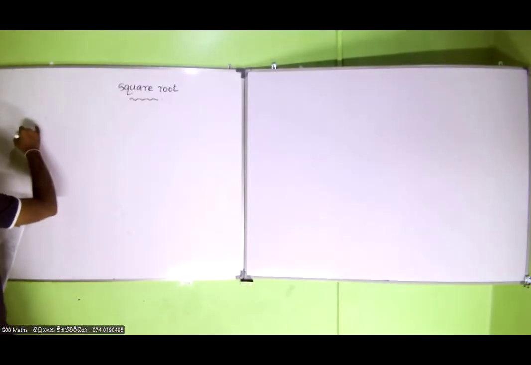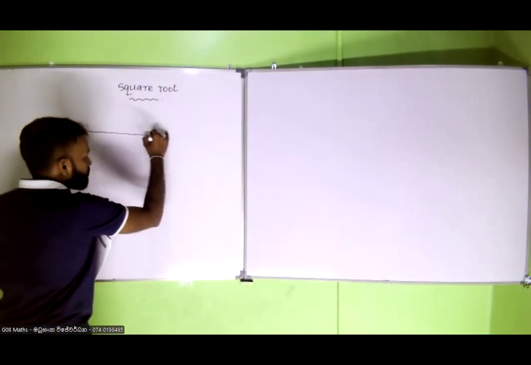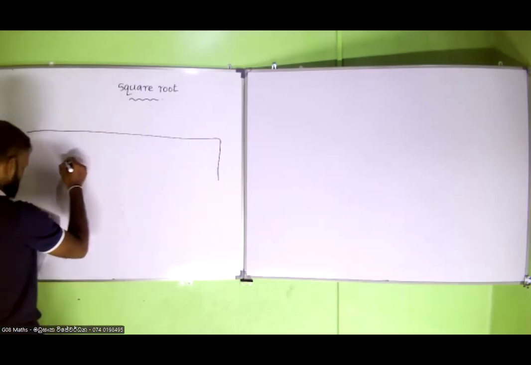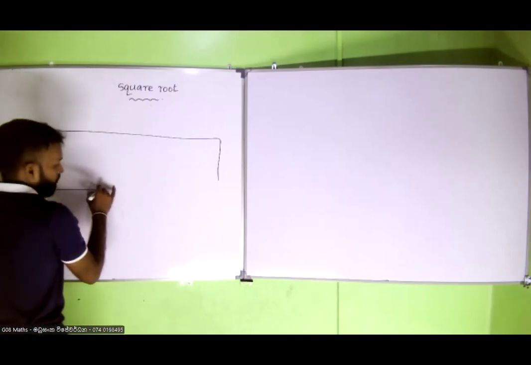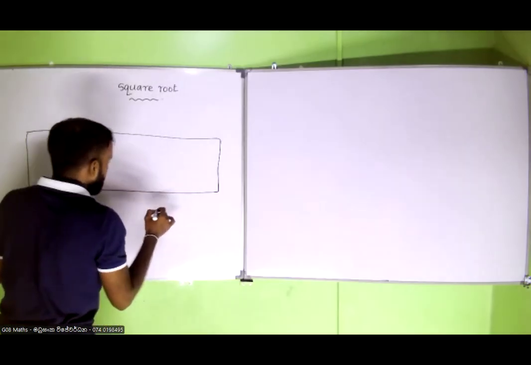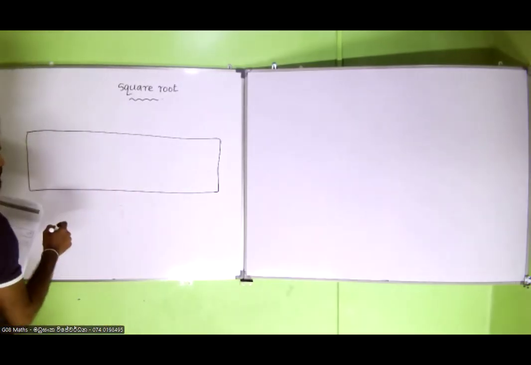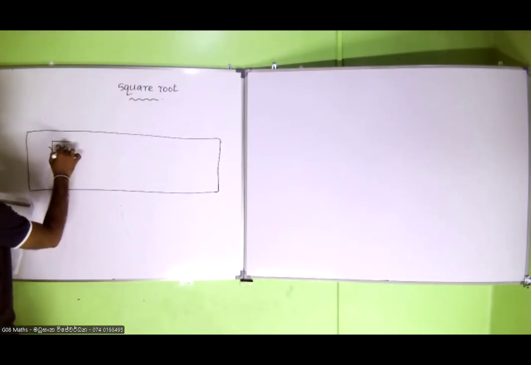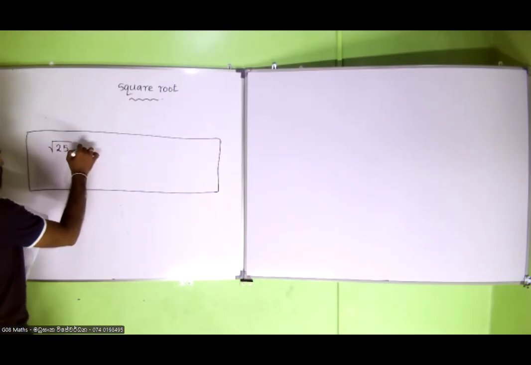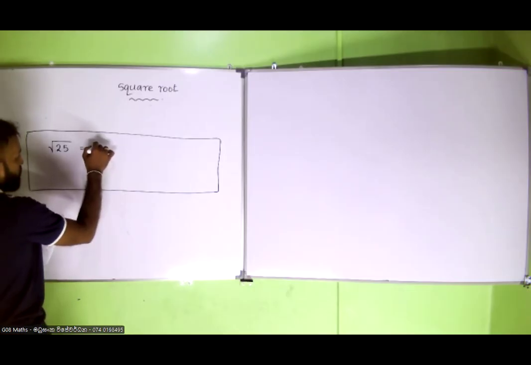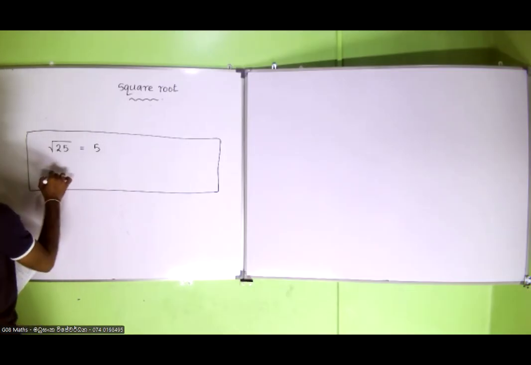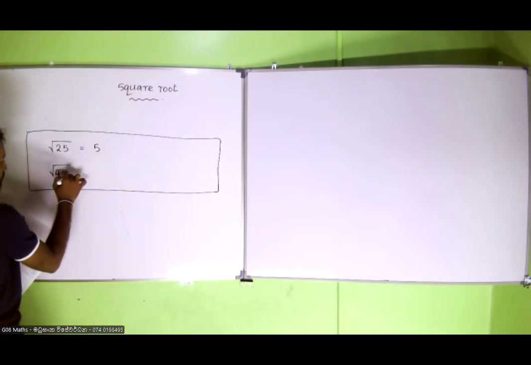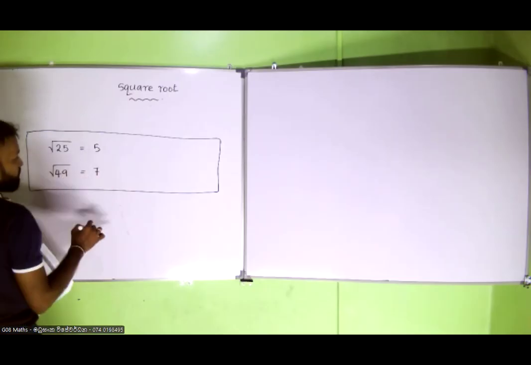Inside that box you may write: square root of 25 is 5, right? The square root of 49 is 7, right?